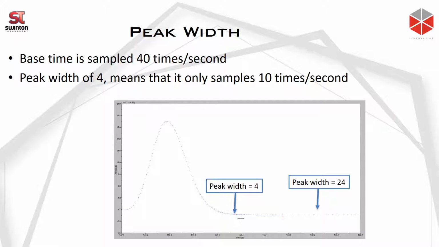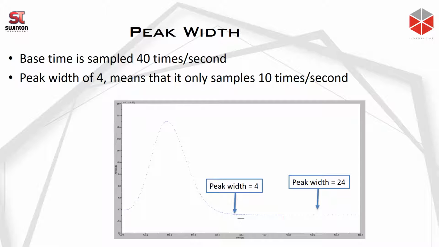Now, when you have a smaller peak width, it will give you a more accurate reading, but it's not designed to have all the smallest peak widths. So for efficiency, for a sharp peak we need a small peak width, but if the peak isn't sharp, we can go with a wider peak width.